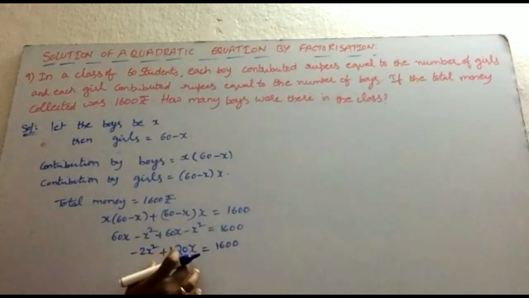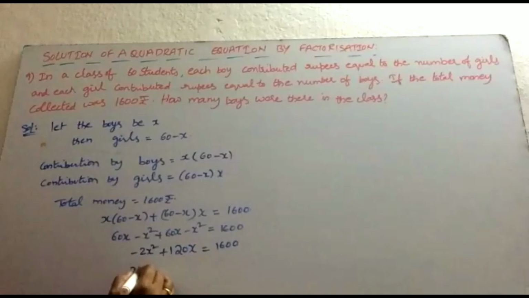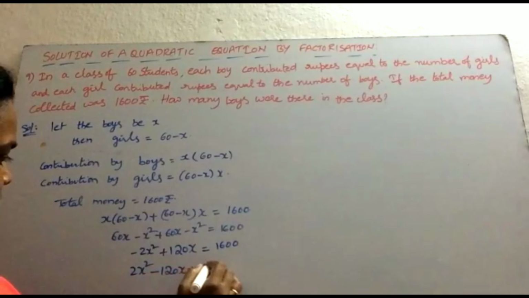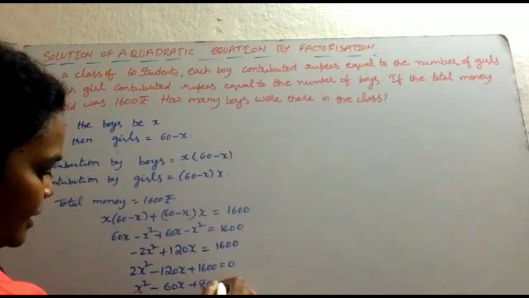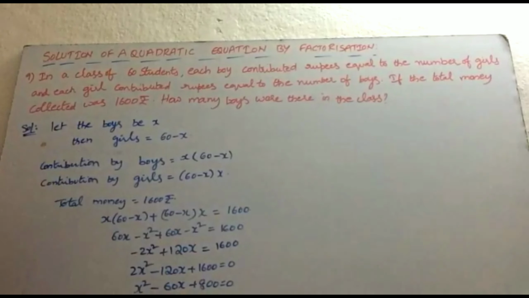I will take these to that side, then we will get 2x square minus 120x plus 1600 equal to 0. So I will take 2 common and cancel. Then x square minus 60x plus 800 equal to 0.